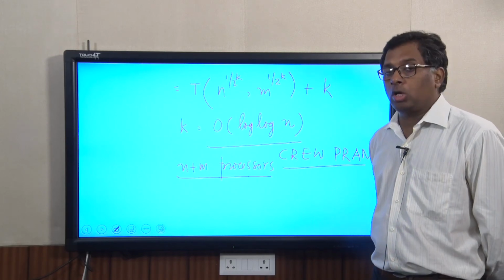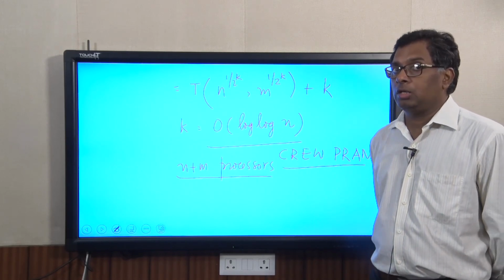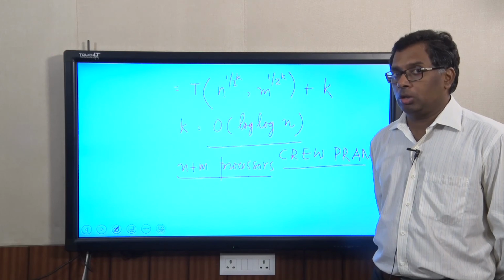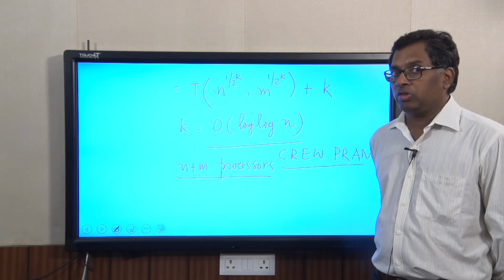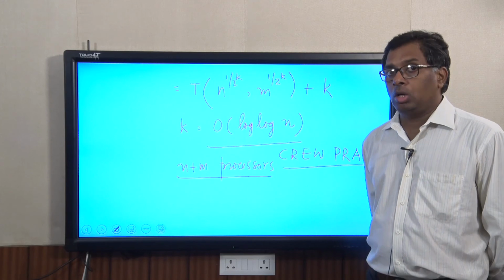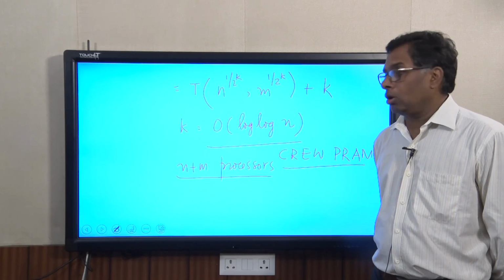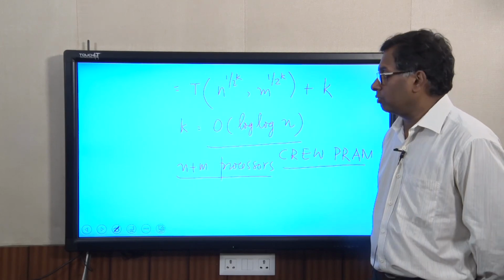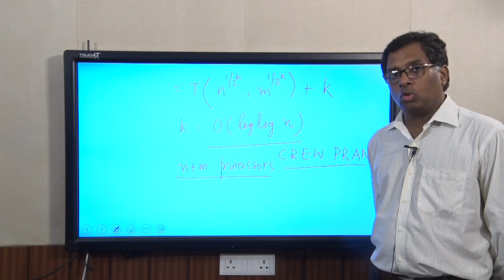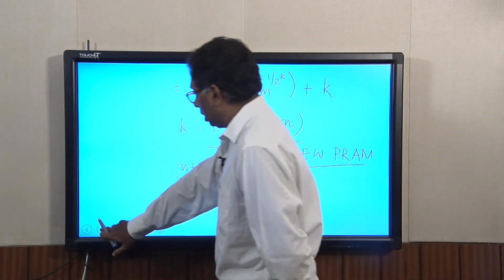But then you would recall that in the 8th lecture also, first we designed a suboptimal order of log n time algorithm that ran with n plus m processors, and then later on improved that to an optimal algorithm that runs in exactly the same amount of time asymptotically. So, here also we can use exactly the same technique.